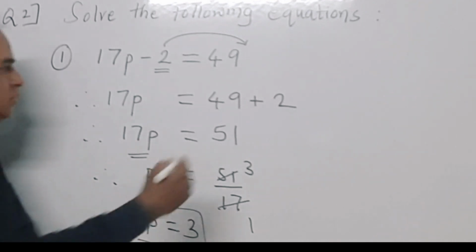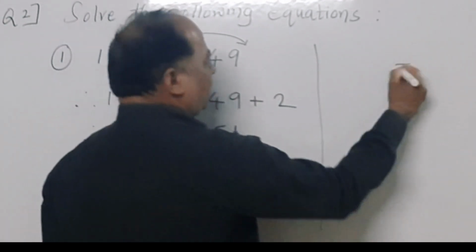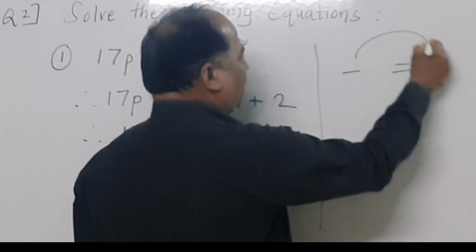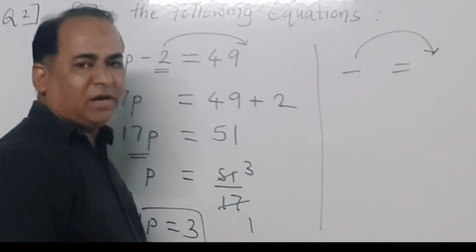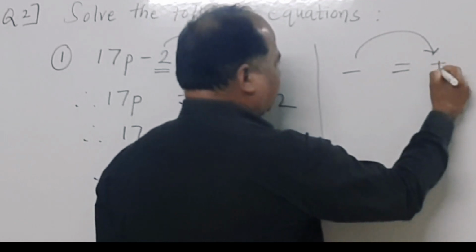The rules here are: when a negative number goes on the right hand side of the equality, it becomes positive.